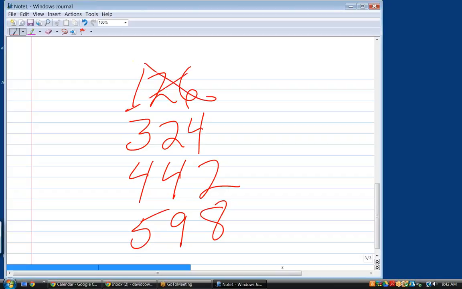So this one is not because 26 is not. This one is because 24 is. This one is not because 42 is not. And this one is not because 98 is not. All right.